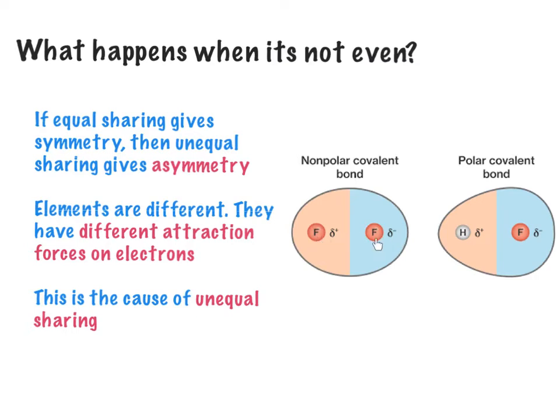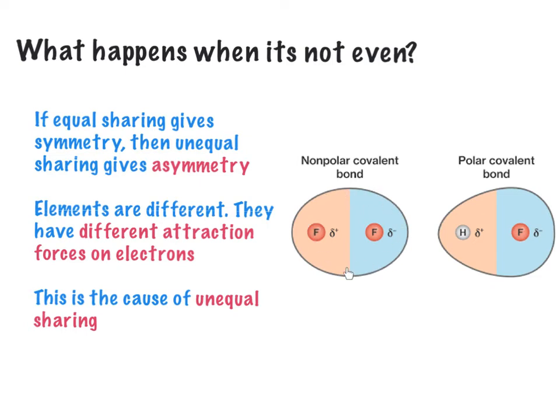We've got the same atom, so if they're the same atom, one would hope they're equal. And if they're equal, we'd have symmetry and we'd have non-polar. But if they're different atoms, sometimes one is much stronger and has a much higher attraction to the electrons than the other. Now, if we look at this one, this is what I'd call an electron density map.